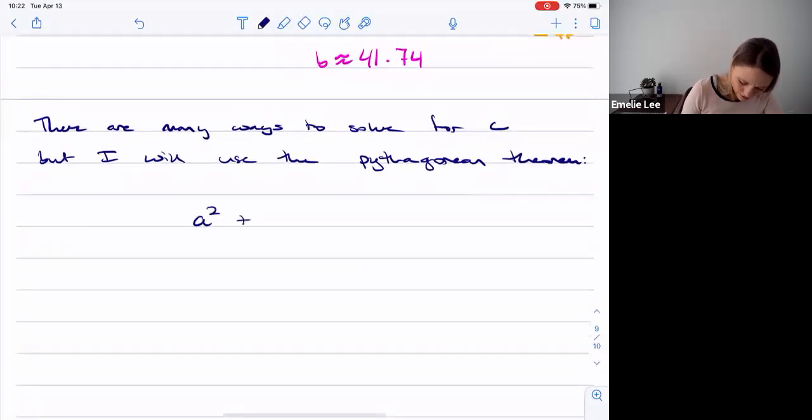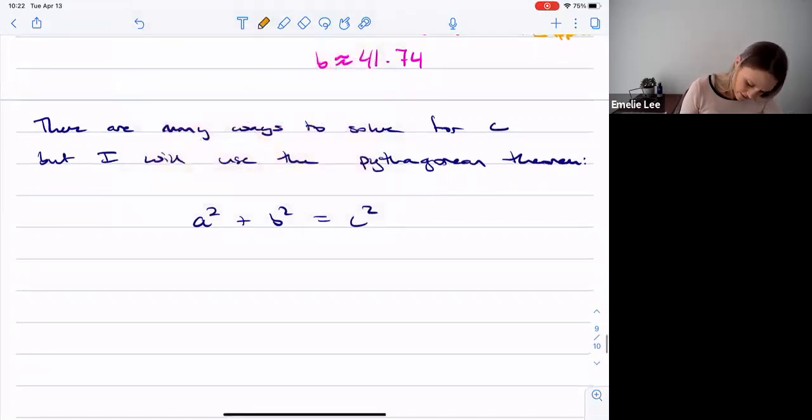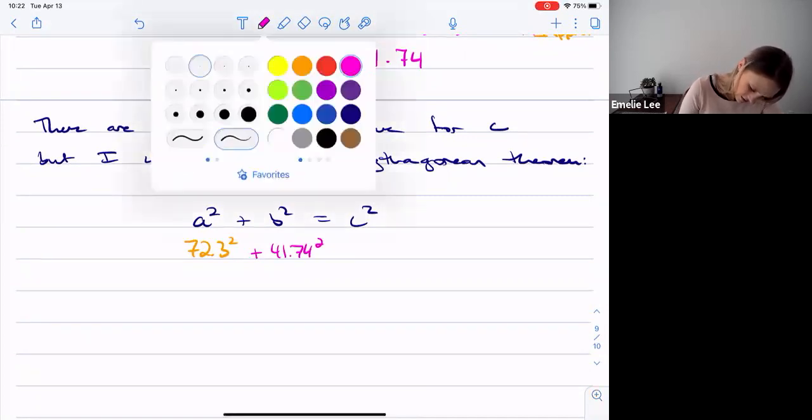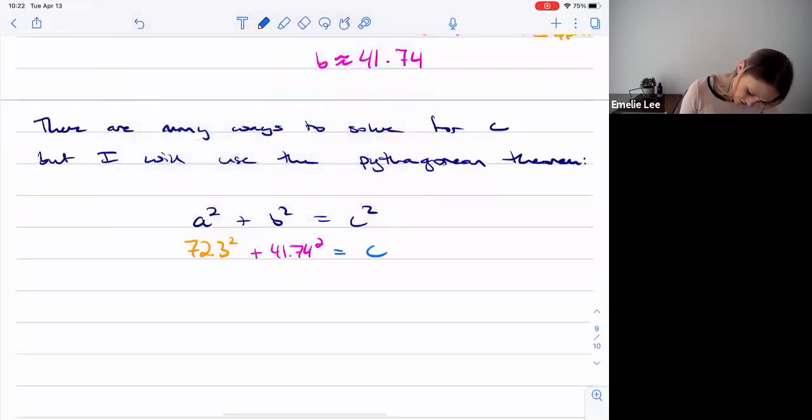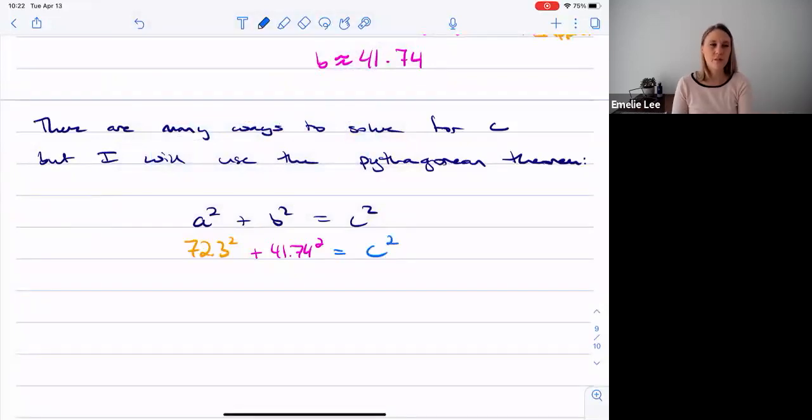Which is a squared plus b squared equals c squared. We said 72.3 squared plus 41.74 squared equals c squared.